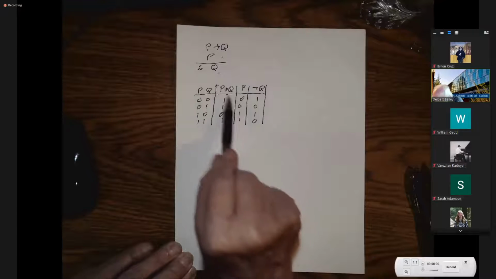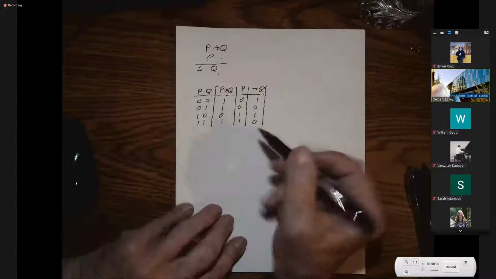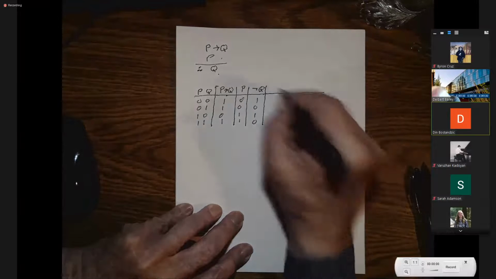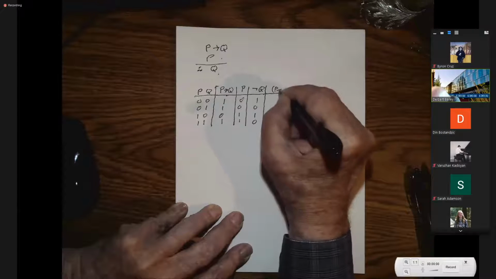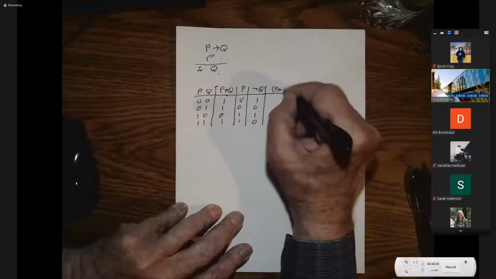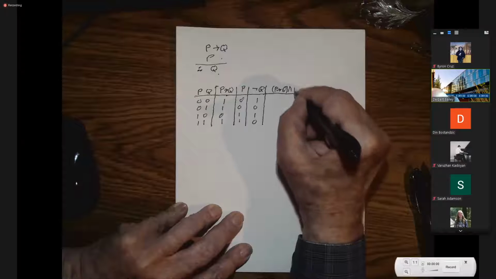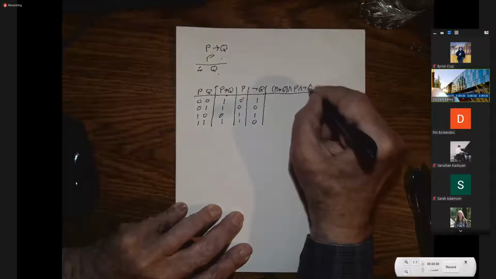Now we want to look at the conjunction of these three things. So this value here should be P implies Q and P and not Q.